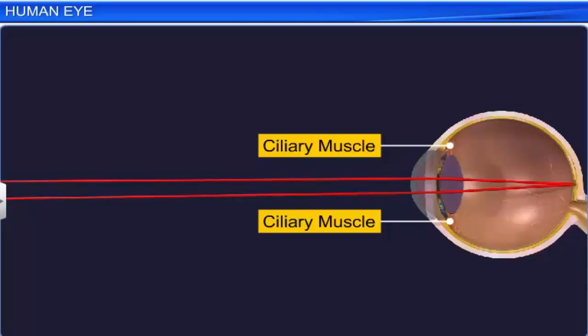Ciliary muscles are in relaxed state when an object at infinity is sharply focused on the retina.